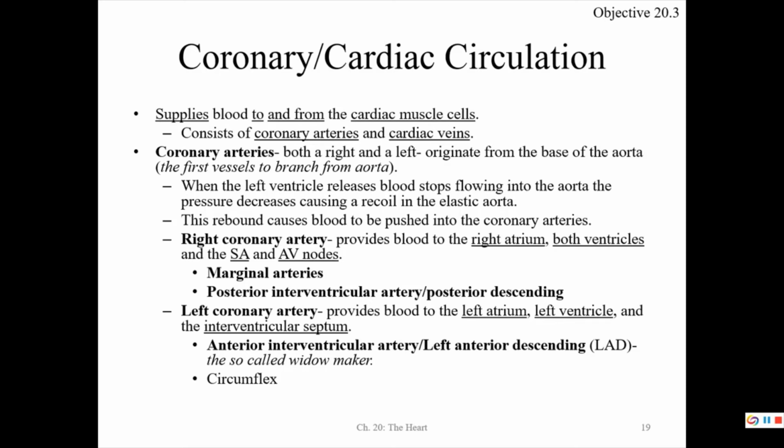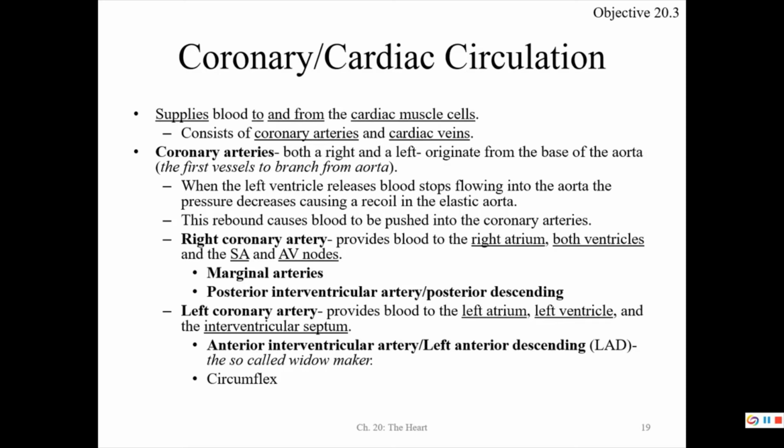Now, the coronary arteries, there are two that come off the base of the aorta. The very first vessels that come off the aorta itself are called the coronary arteries. There is a right one and there is a left one.